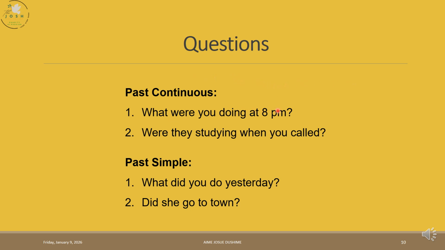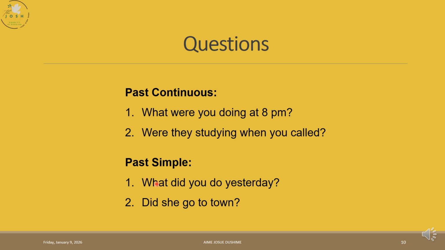What were you doing at 8 p.m.? Then when we go into the yes/no question form of the past continuous, we use was, were plus subject plus verb ing form. Were they studying when you called?